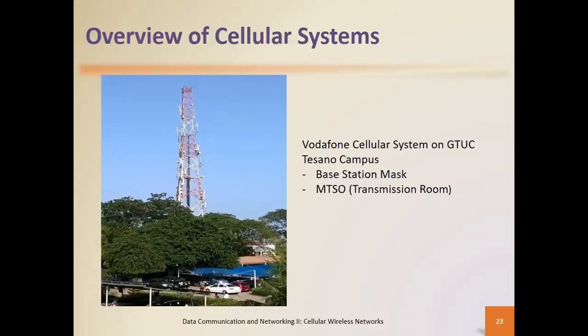When it comes to channel management within an MTSO, channels are controlled from setting up and maintaining calls, and also by establishing relationships between mobile units and nearest base stations.